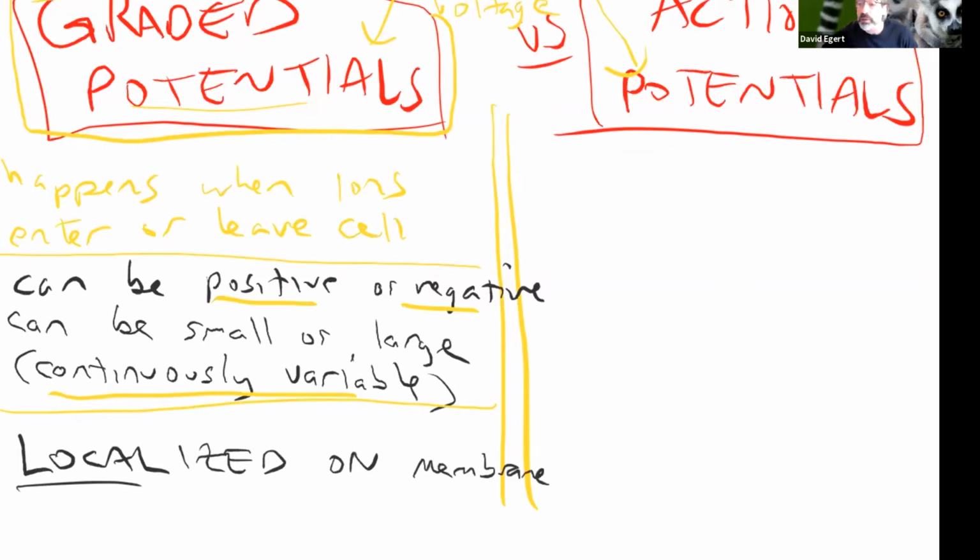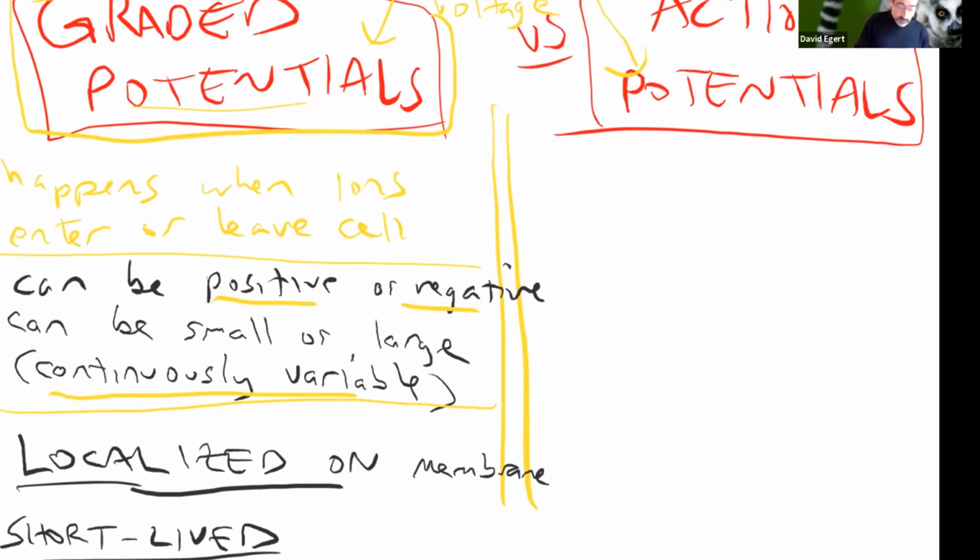Wherever you are opening the channels, that's where the voltage change is happening, and they tend to be short-lived. Basically, once you have restored the membrane permeability, then this graded potential fades away.